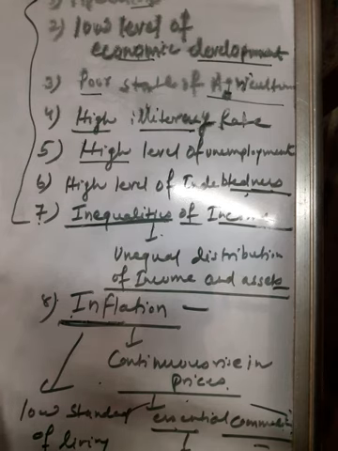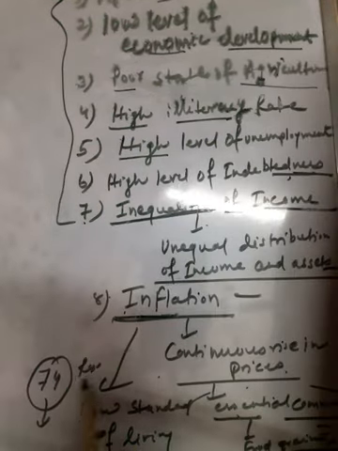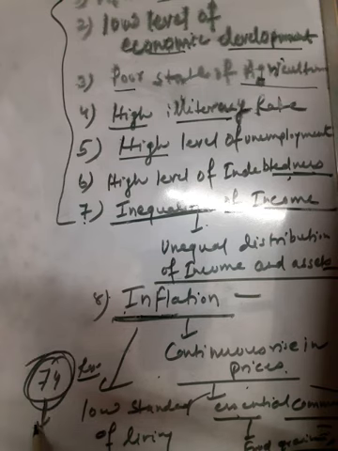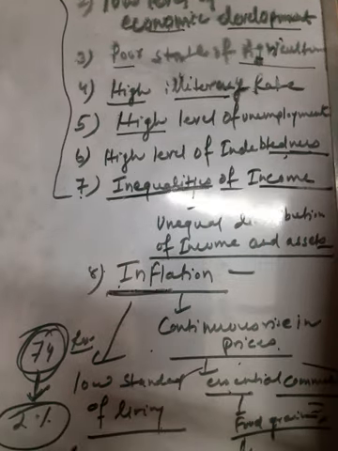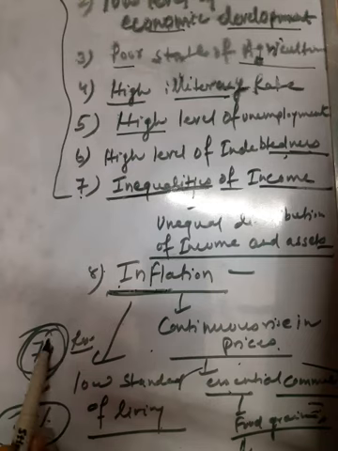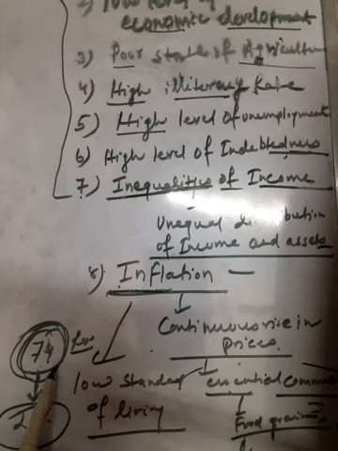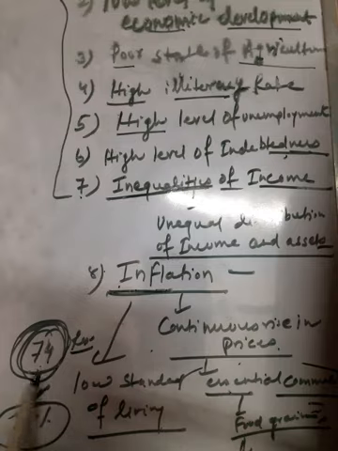In our country, 74% of the resources are consumed by only 2% of the people. You can see the gap between rich and poor. Again, I repeat: 74% of the resources are controlled by 2% of the population.